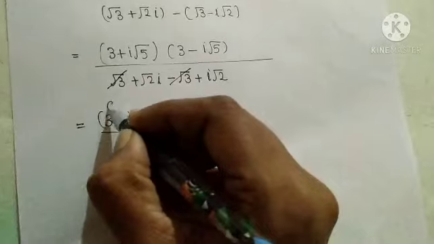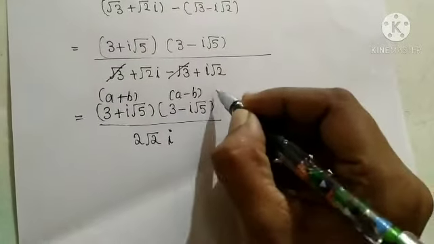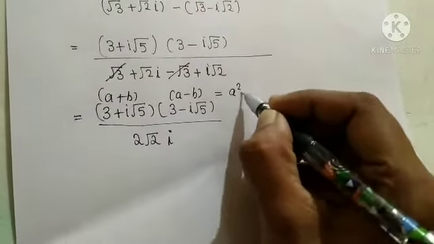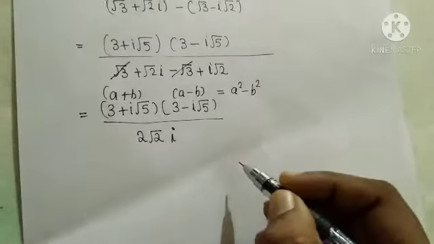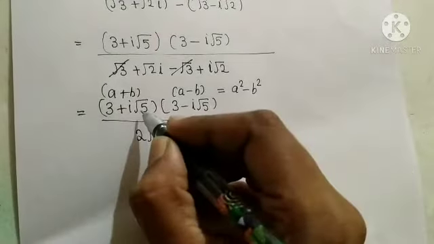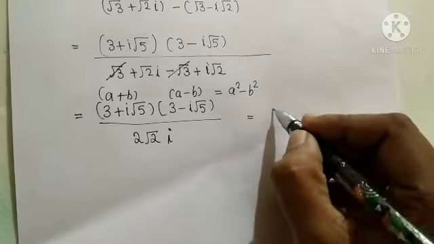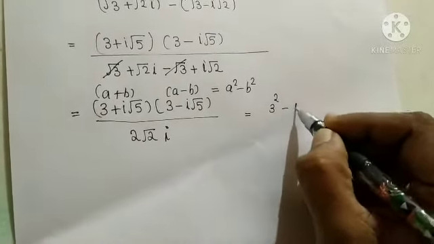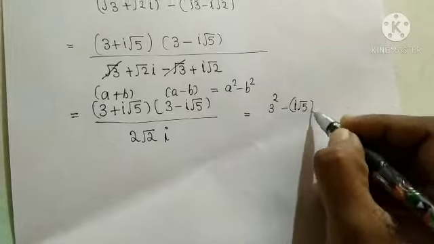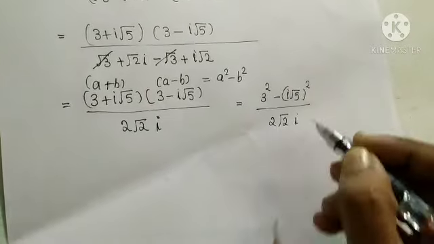Let us consider the numerator. This is in the form of (a plus b) into (a minus b), and this is equal to a square minus b square, right? So next I am going to replace a by 3 and b by i root 5. The numerator will become 3 square minus (i root 5) whole square, and the denominator remains the same.